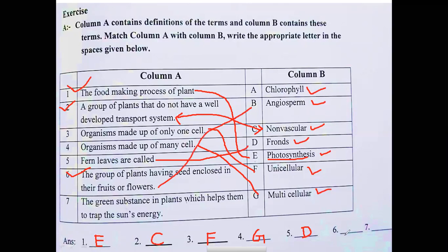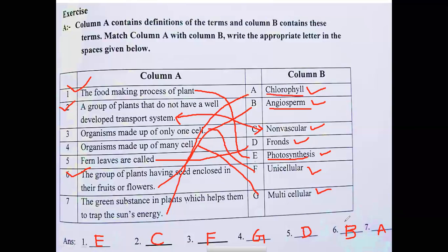B. Number 6 is B. Again, the group of plants having seed enclosed in their fruits or flowers are called angiosperm. Number 7 and last one is the green substance in plants which helps them to trap the sun's energy. Which one is remaining? This one, A. Chlorophyll. Number 7 is A. The green substance in plants which helps them to trap the sun's energy is called chlorophyll.